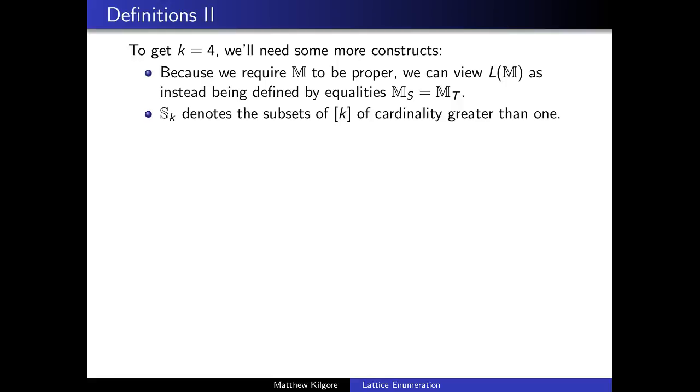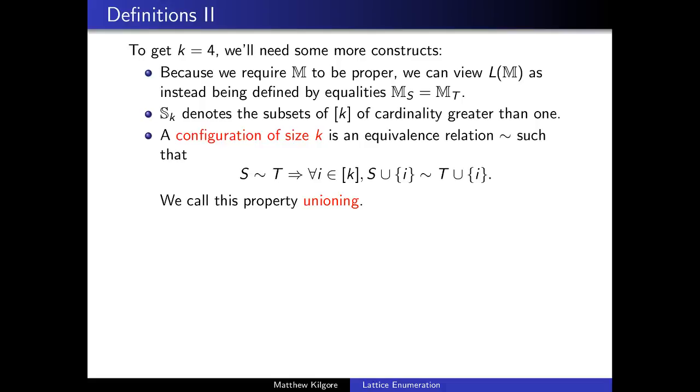Now, we write S_k to denote the subsets of [k] of cardinality greater than 1. A configuration of size k is an equivalence relation on S_k such that S is equivalent to T implies that for all i in [k], S union i is equivalent to T union i. This property is called unioning.